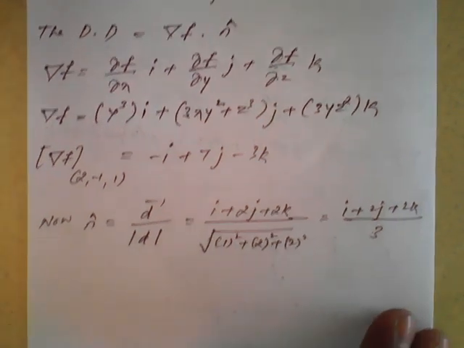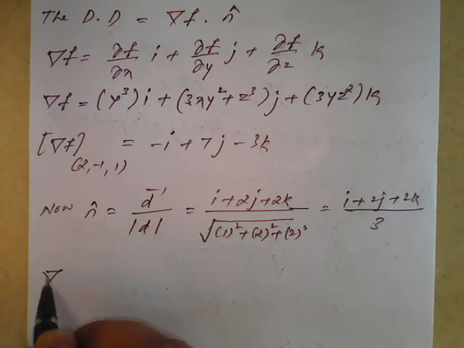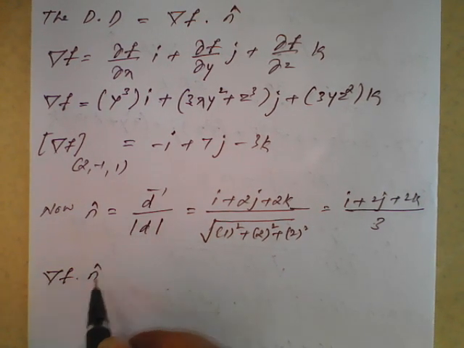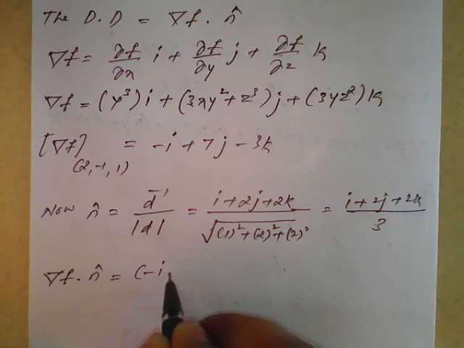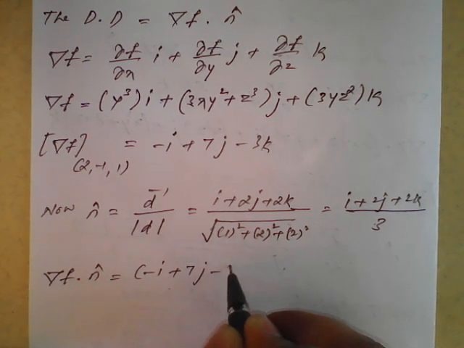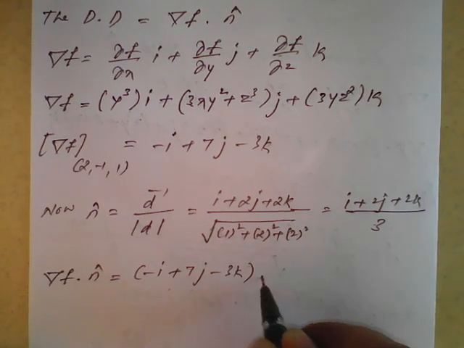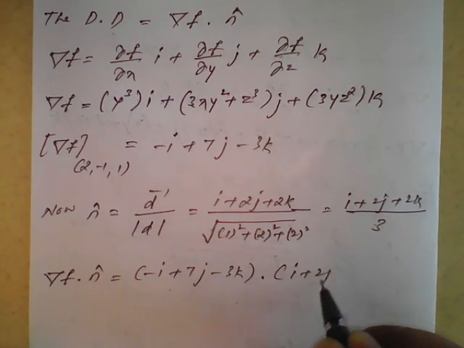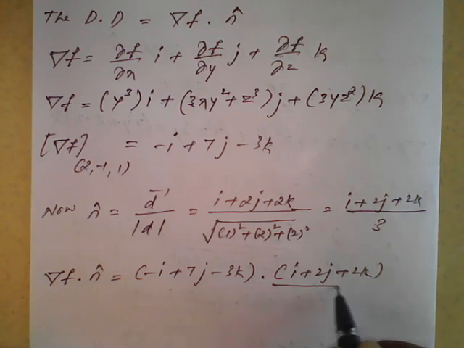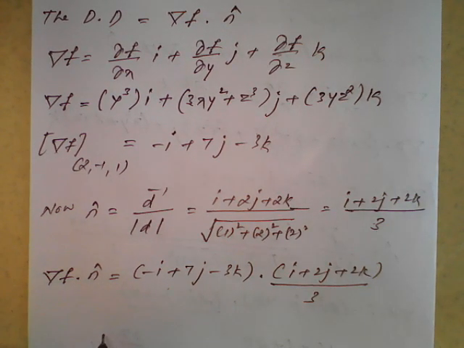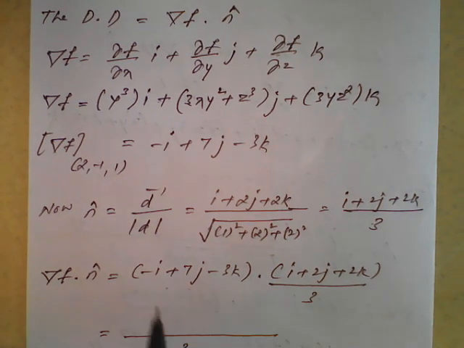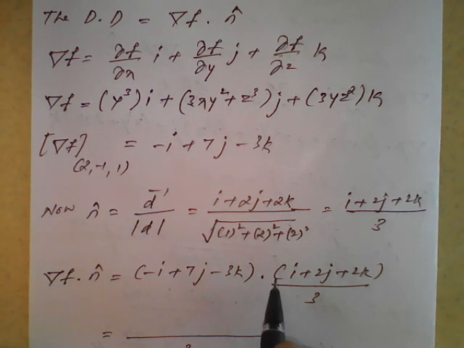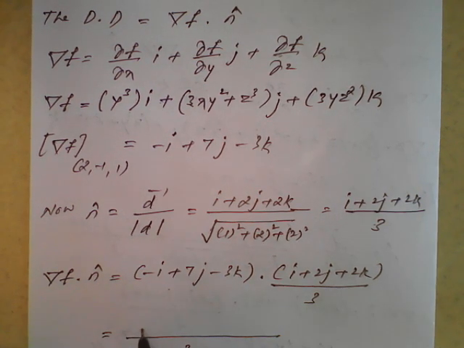Therefore the directional derivative del f · n cap is (-i + 7j - 3k) dot (i + 2j + 2k) divided by 3. On simplification, i dot i is 1, so minus into plus is -1.